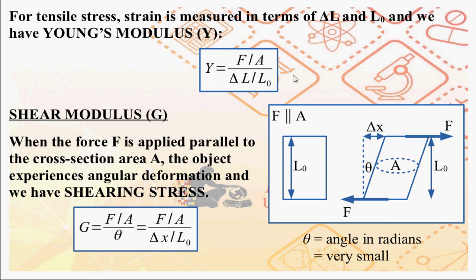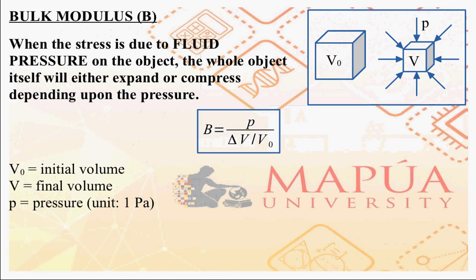For shear modulus, force is parallel to cross-section area. If the area is surface area, meaning the force F is applied on all sides of the object, the object is experiencing fluid pressure.